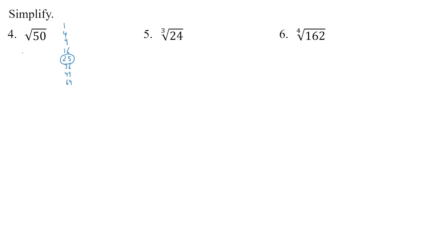So you factor the square root of 50 as the square root of 25 times the square root of 2, because 25 times 2 is 50. The square root of 25 is 5, but you can't take the square root of 2. And therefore, your solution is 5 times the square root of 2.